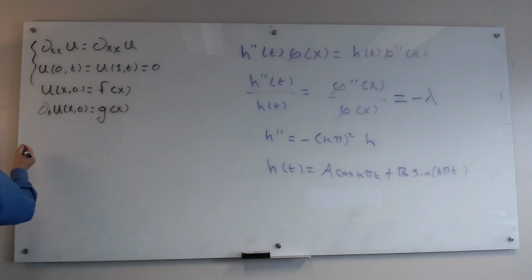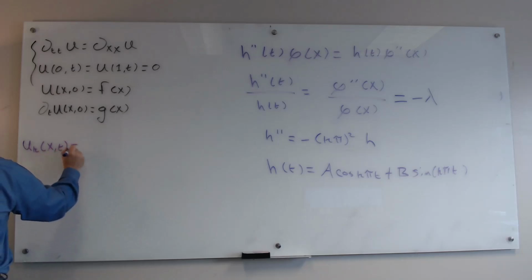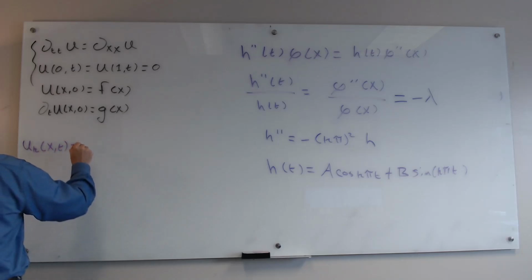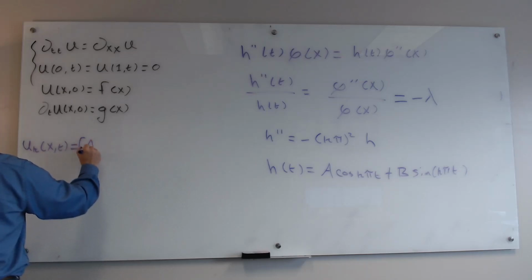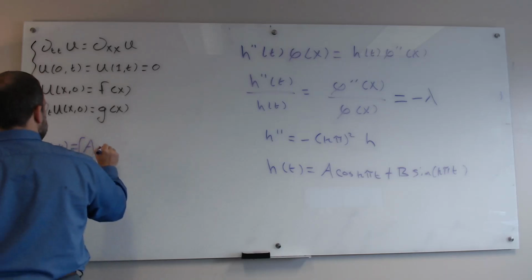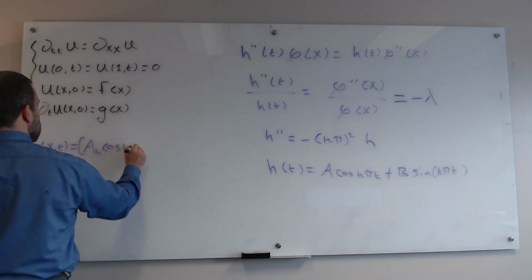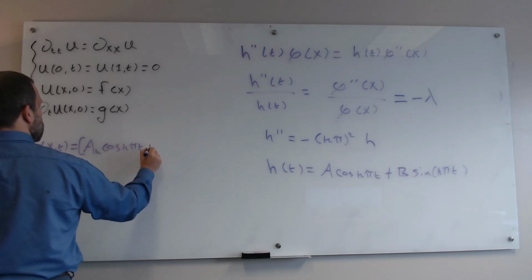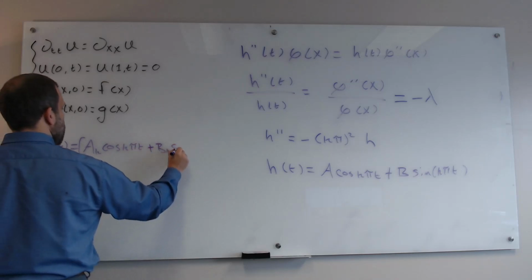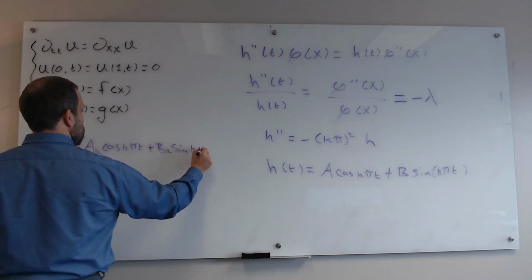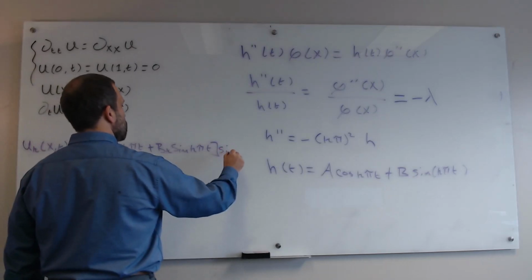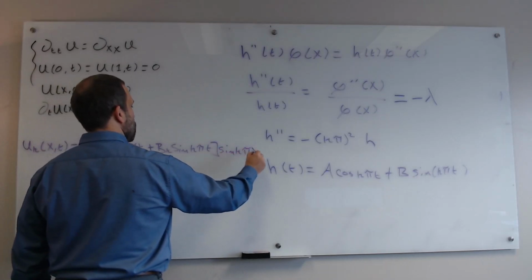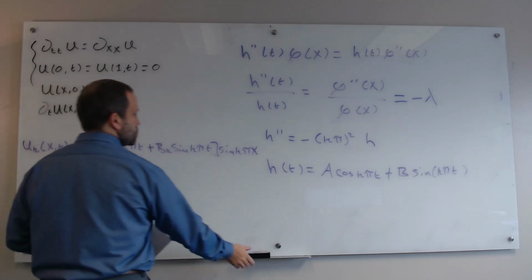We're going to have u_k of x,t equal to a_k cosine k pi t plus b_k sine k pi t, and all of this times sine k pi x. So those are our product solutions.